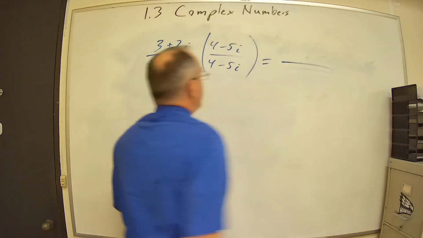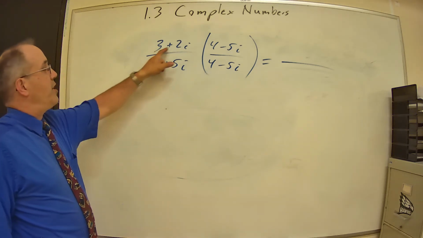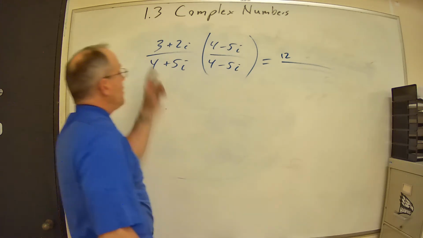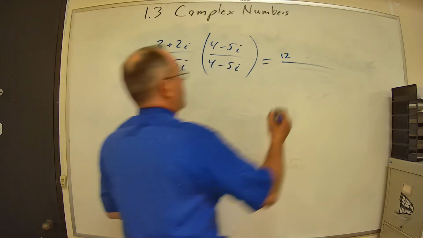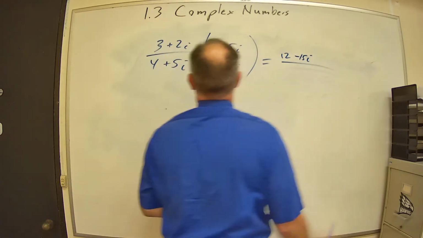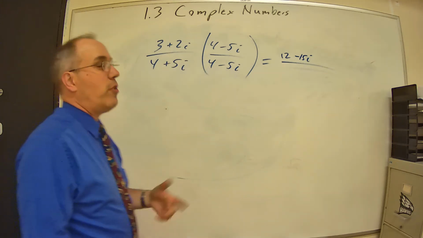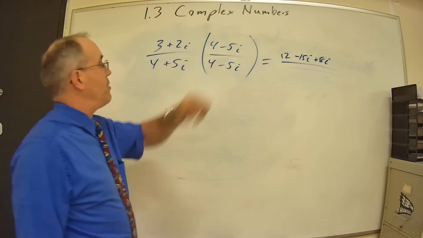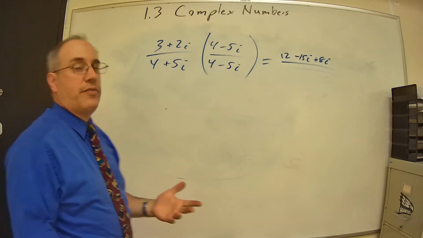Well, what's that going to do? Well, 3 times 4 is 12. 3 times negative 5i, negative 15i. 2i times 4, 8i. 2i times negative 5i, negative 10i squared.